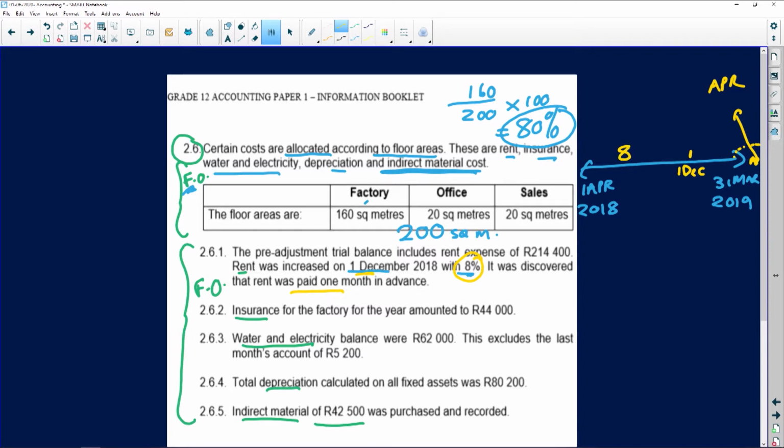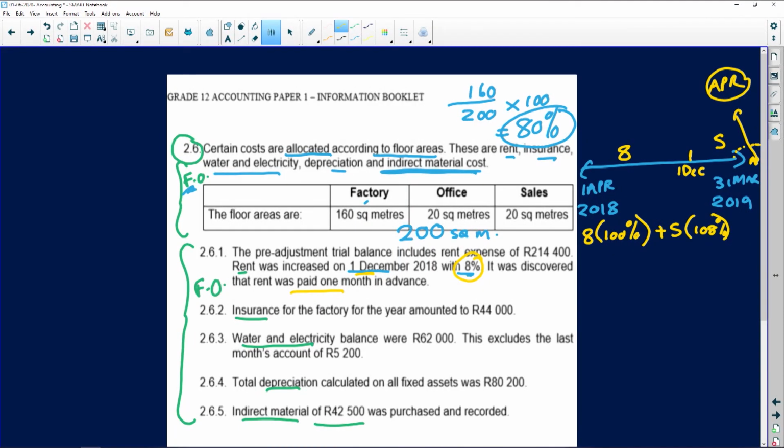For 8 months, my rent was 100%. But then for the next 5 months, from 1st of December until the end of April, my rent is now 108%. You guys with me? I'm going to try and work out what rent is in terms of a percentage. 1% is equal to how many rands?